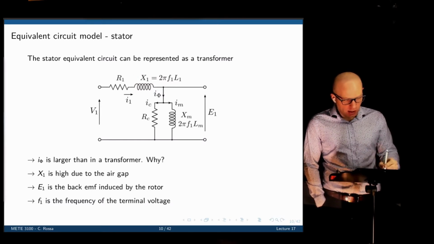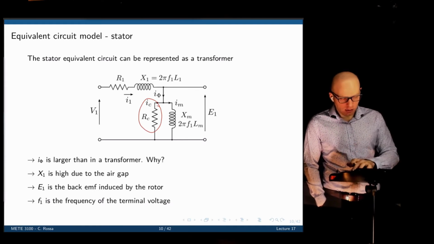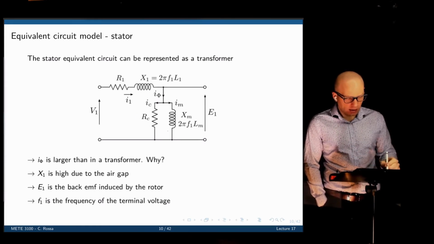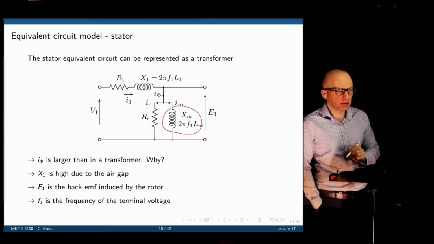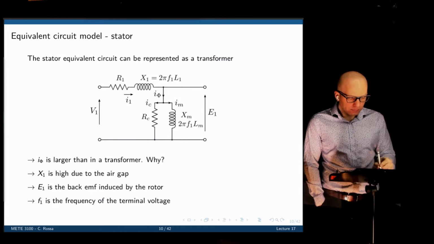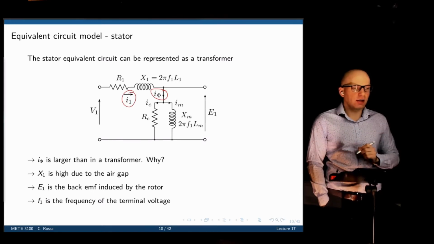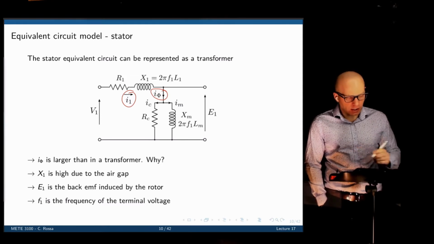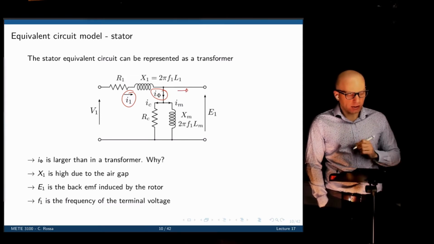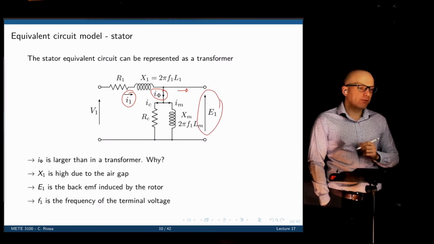And we have the eddy current loss represented here by this resistance in the core, and we have Xm, which is the magnetizing inductance in the core. We have a current going in. Part of the current magnetizes the core, and part of that dissipates power in the form of eddy current, and the one that actually goes to the secondary will now create an MMF E1.